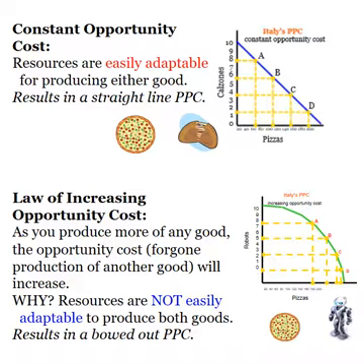So let's look at the numbers here to see why they're constant or increasing, why the shapes are the way they are. With the constant one, from the point here to point A, if you decide to make pizzas, you're going to go up 60 pizzas and down 2 calzones.